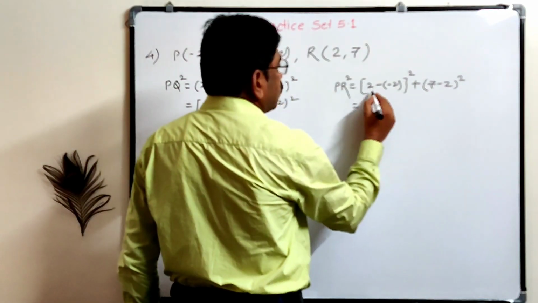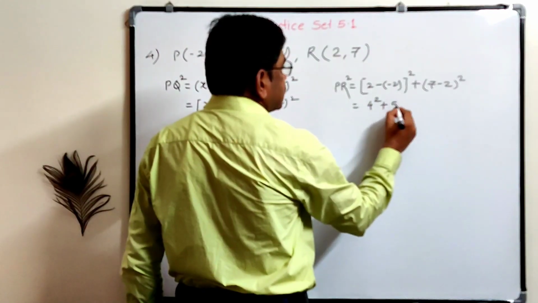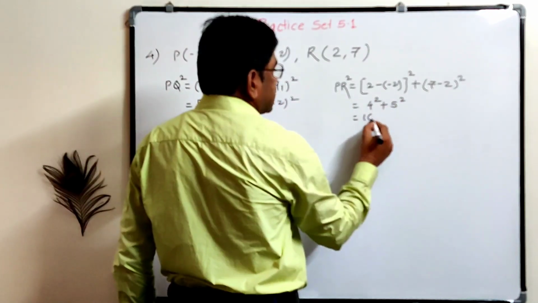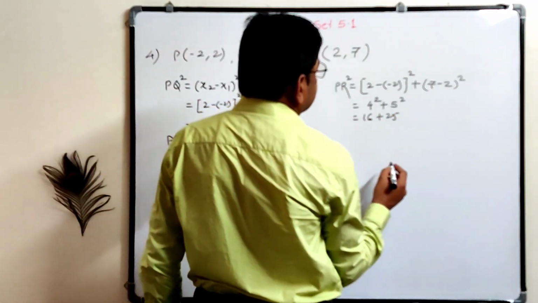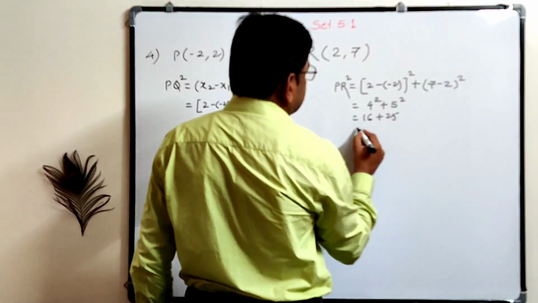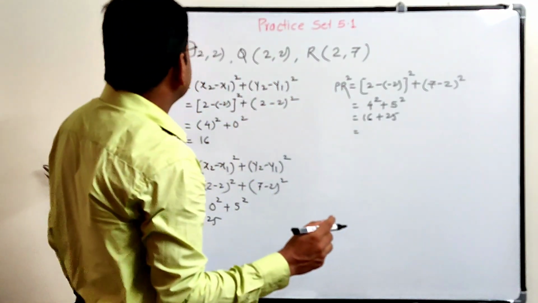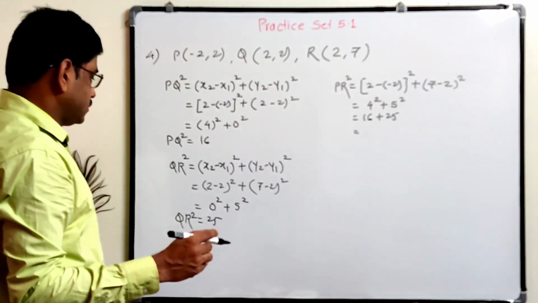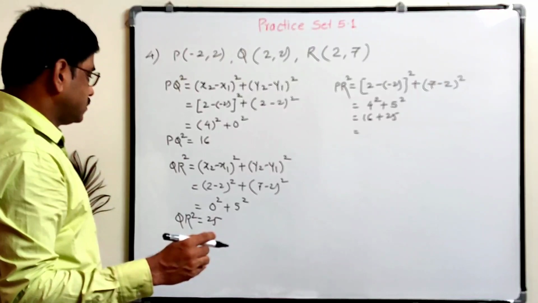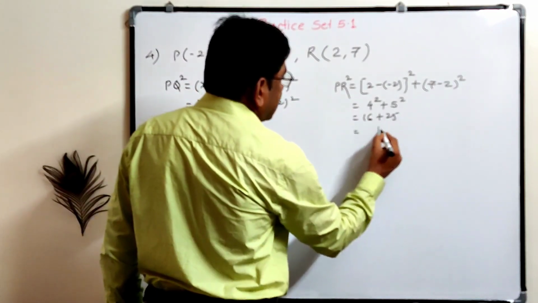So we get 2 plus 2 is 4 square and plus 7 minus 2 is 5 square. So 16 plus 25, we get PR square is equal to 41.